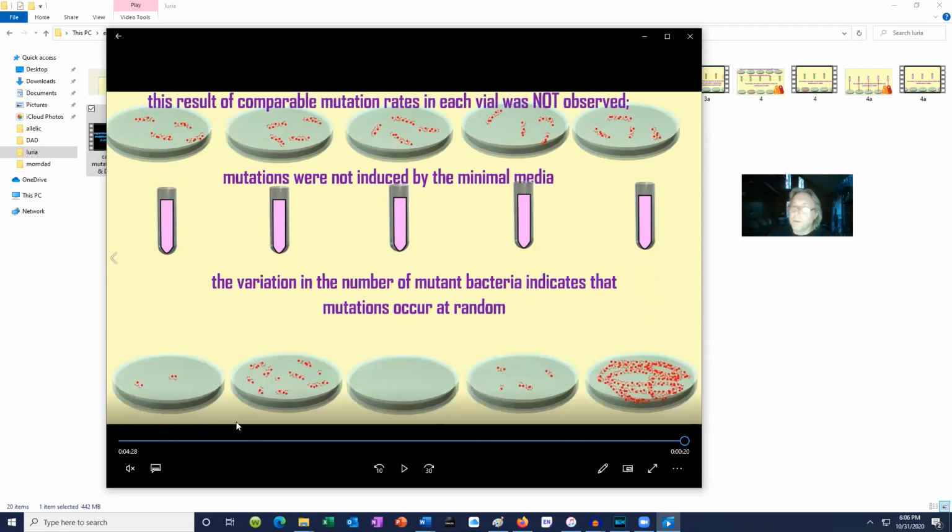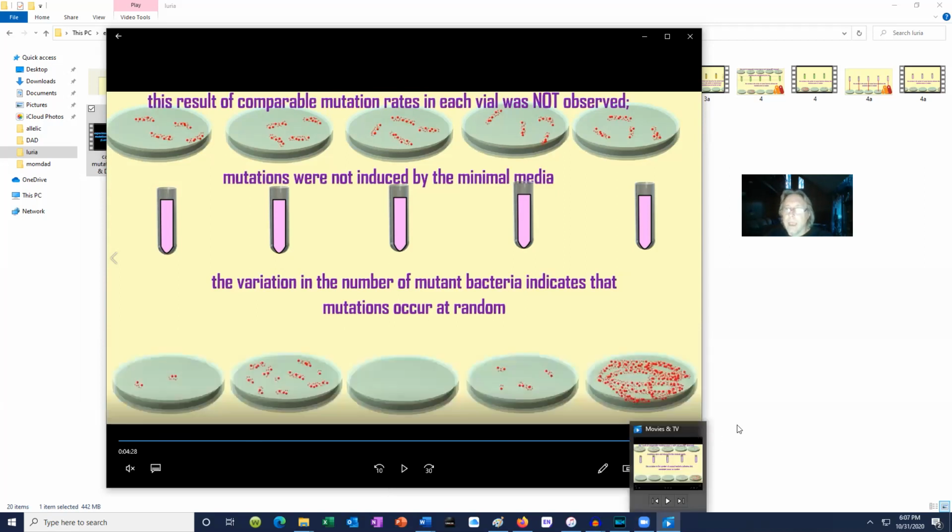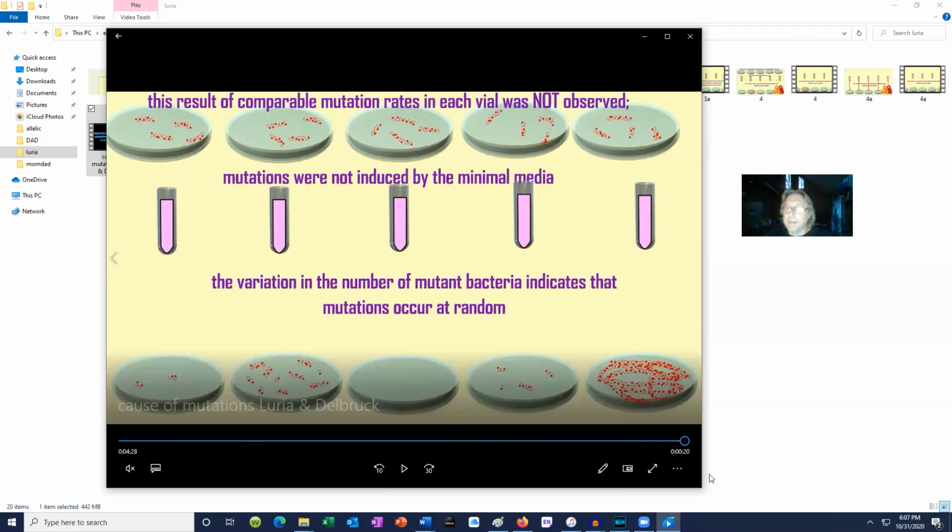The cells don't know that the mutation that has occurred is going to help them survive. It's not like they get a virus and think, oh, I need to mutate a resistance to this virus. That's not the way it happens. Mutations simply occur, and then it's just simply dumb luck whether or not an organism would then have a mutation which helps it survive.